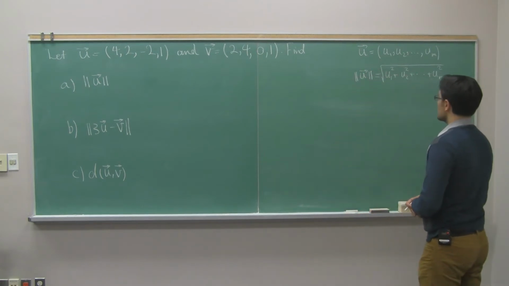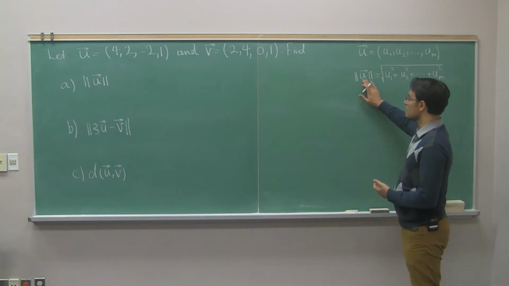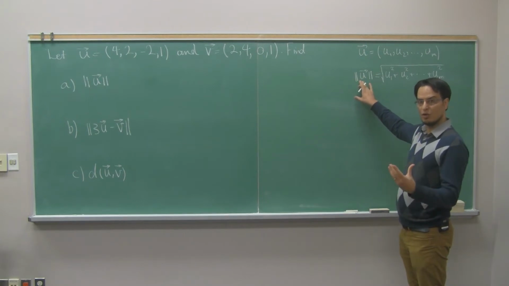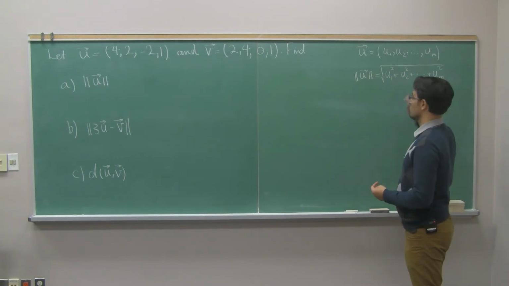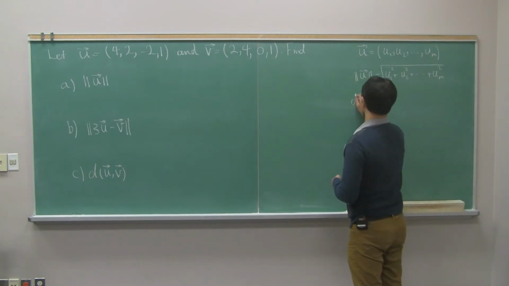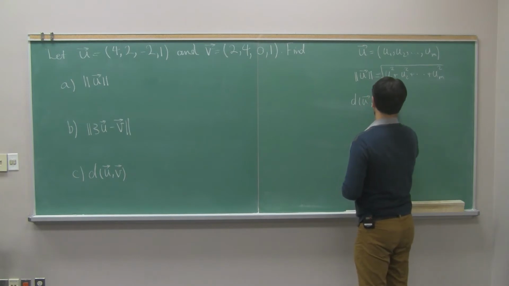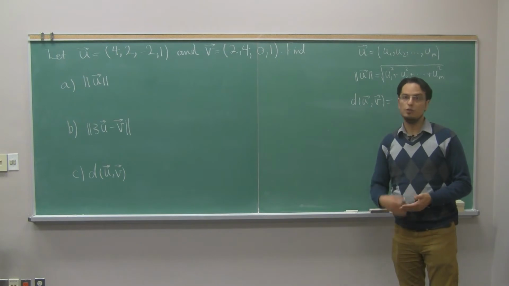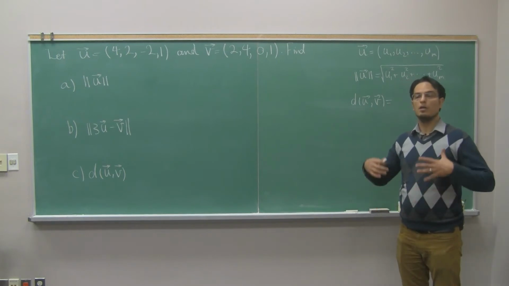Basically, what is inside the length notation, you have to find a vector out of it and then use this formula. But what is the distance between two vectors? This is how we denote the distance between two vectors. Again, it doesn't matter if we're in R2, R3, R5, Rm.